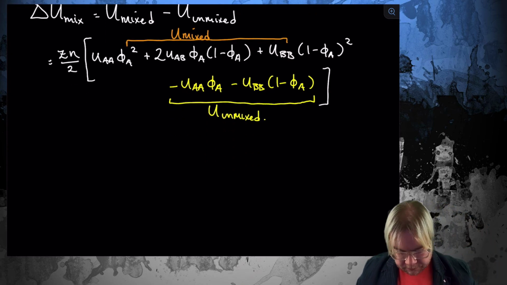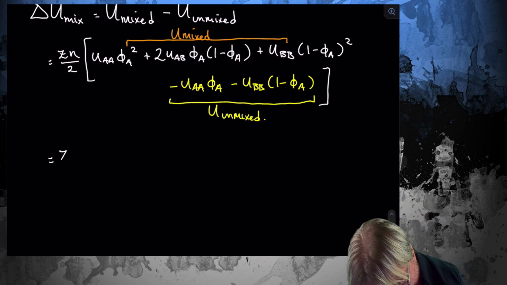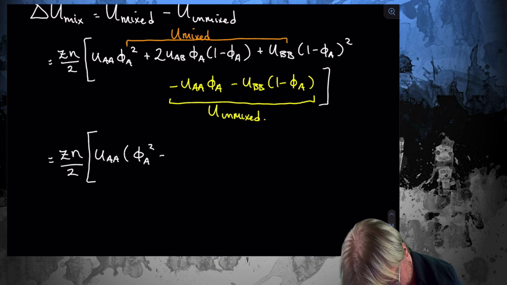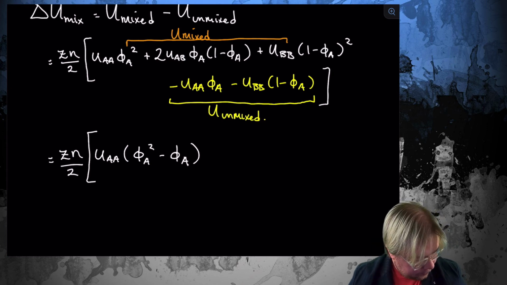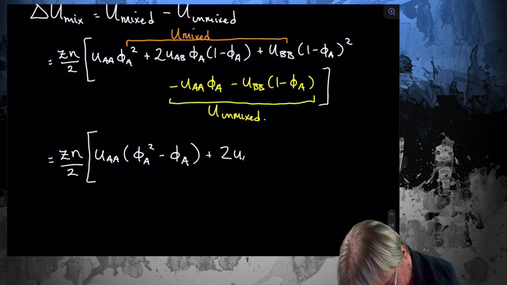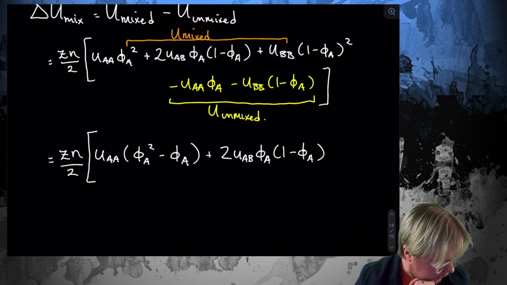Okay, so let's start grouping some things together. So rewriting, we'll have the coordination number of lattice sites divided by 2, UAA multiplied by phi A squared minus phi A. And then plus 2 UAB phi A 1 minus phi A. That's not going to change.